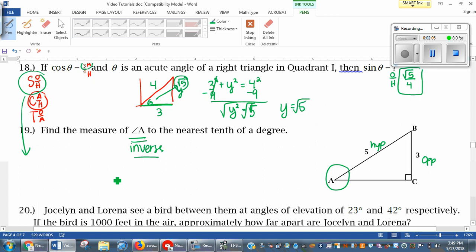So we're going to say sine of A equals 3 over 5. In order to reverse these, we're going to find the inverse sine. And you're just flip-flopping them. You're not flipping the fraction, you're just reversing A and your ratio.